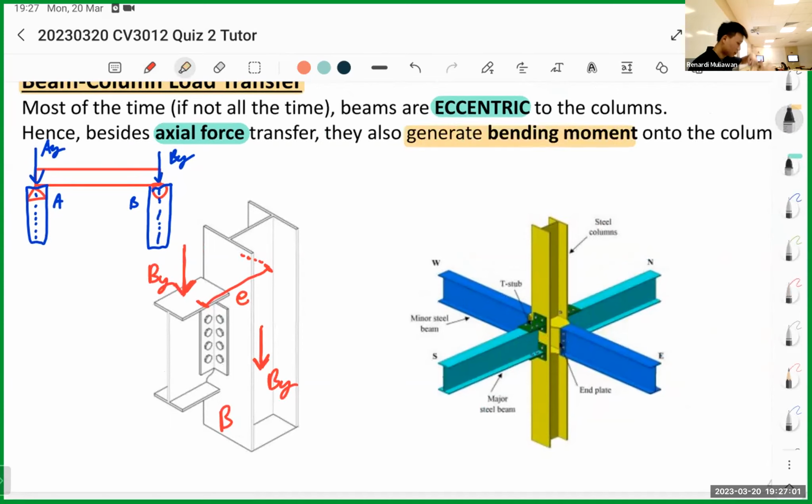So not only does it transfer BY, it also causes a moment at the column. The moment is BY multiplied by E. This is the force, this is the moment arm. So that's why we have the moment BY times E.